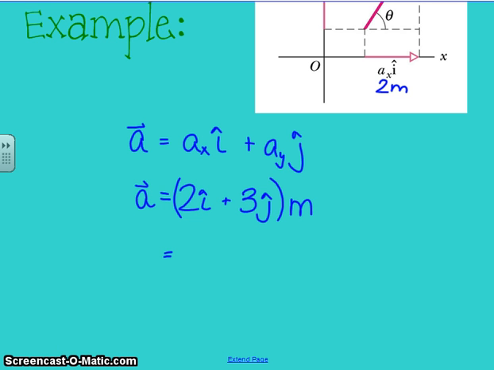You can also write it as 2 meters i hat plus 3 meters j hat. The units can go outside at the end or in each term. This becomes a pretty easy and convenient way for notating vectors.